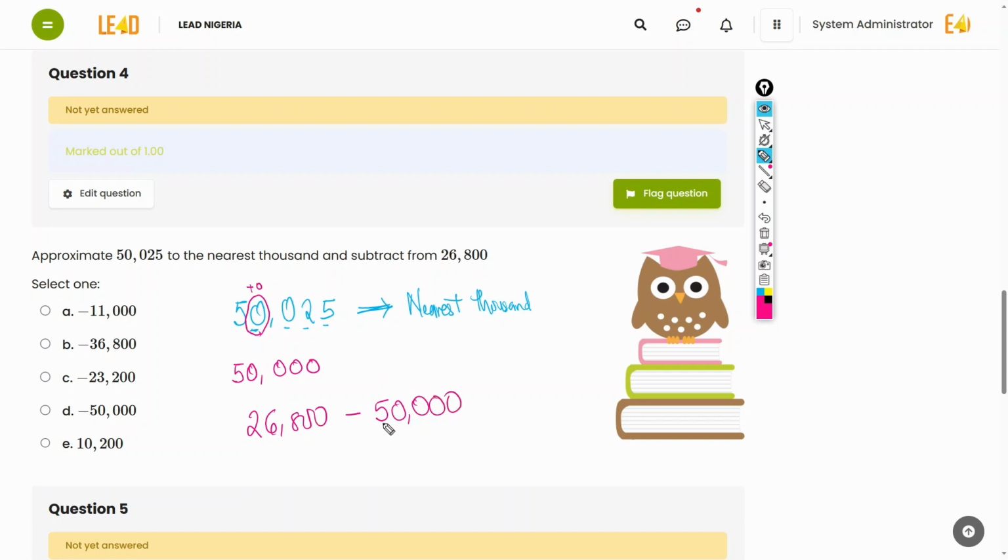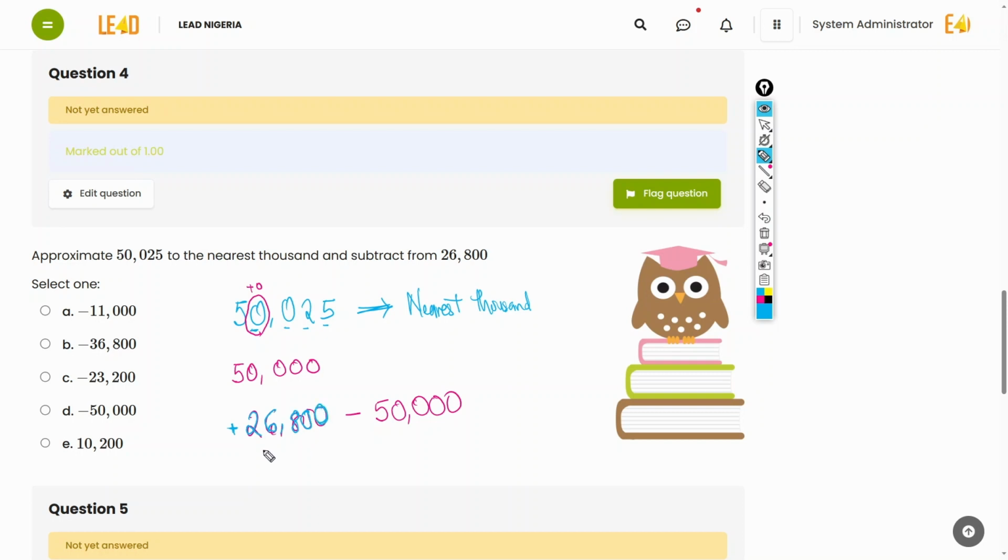So if you look at this, it is definitely going to give you a negative answer. The way I like to teach this is, imagine it was a battle and you have 26,800 good guys, because they are positive.